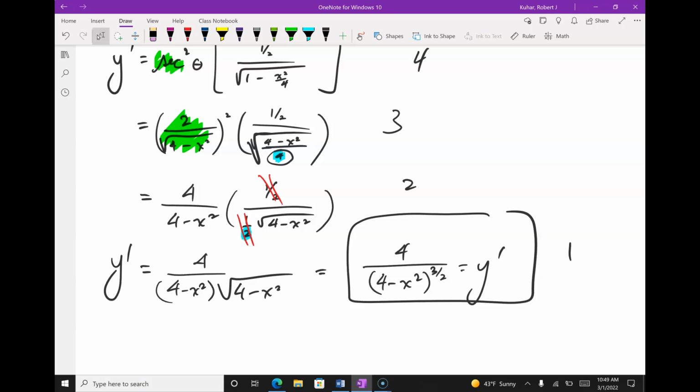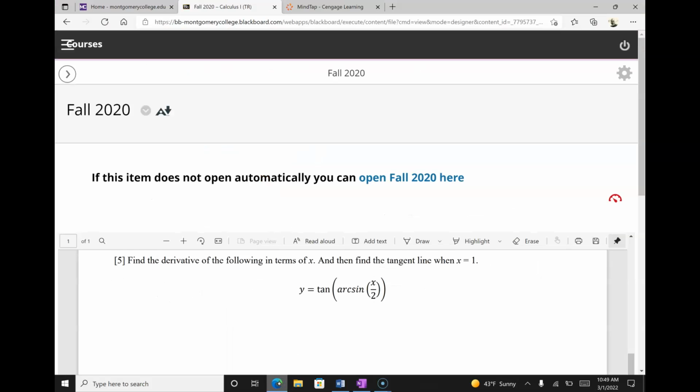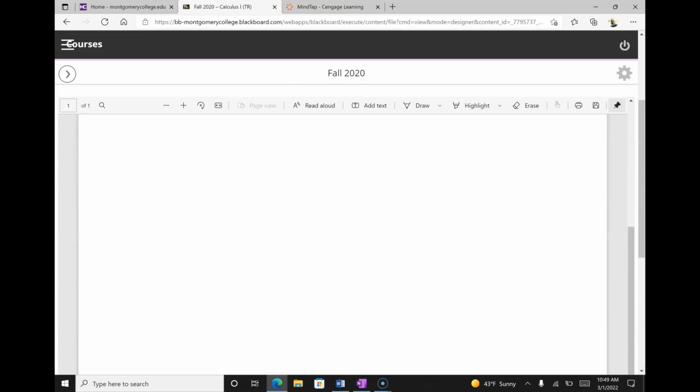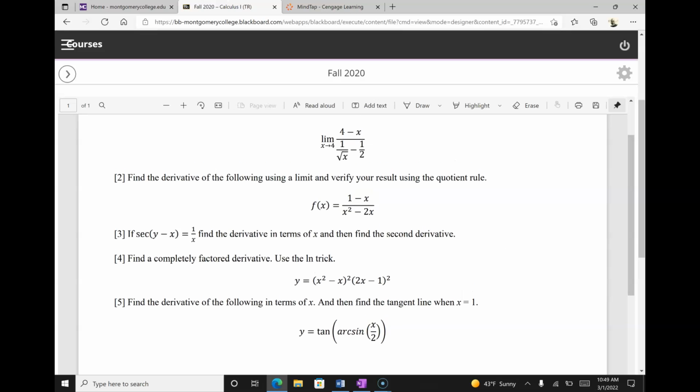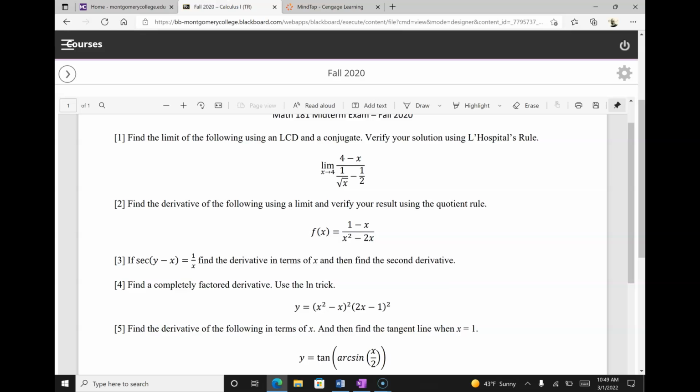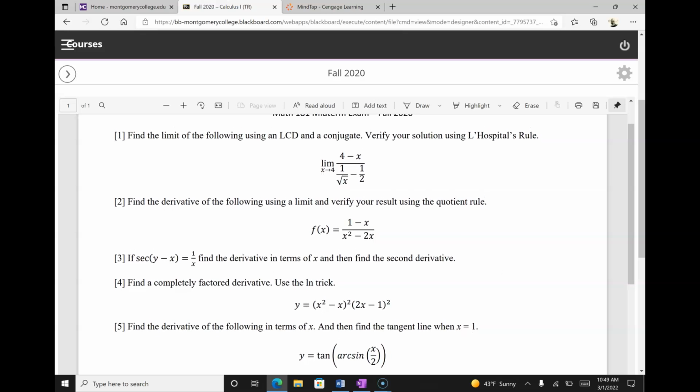Okay, we ready? Nice. So I'm looking at my old test here. Well, that was it. Look at that. Pretty short. How many questions do you see there? There's 10. Find the limit using an LCD and a conjugate.